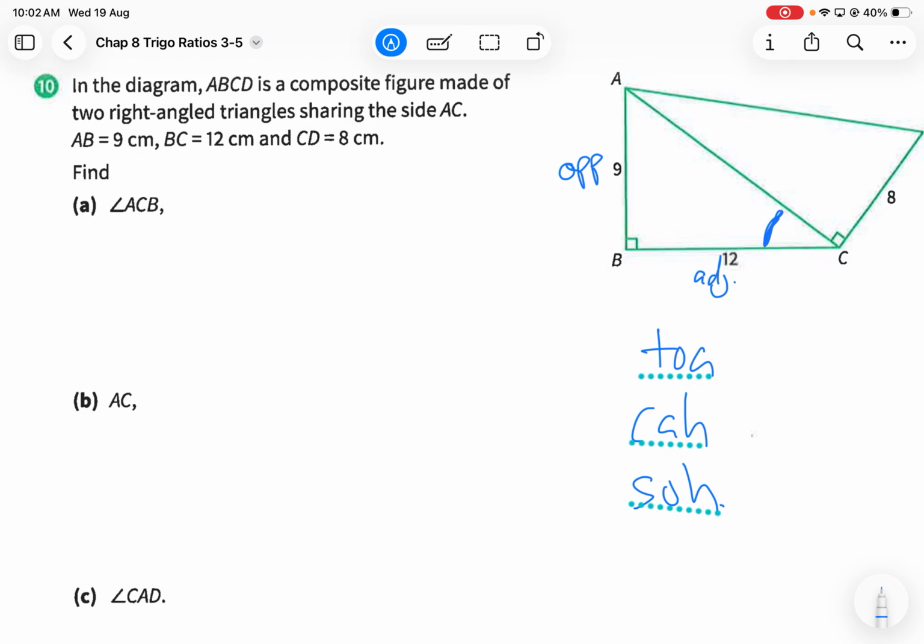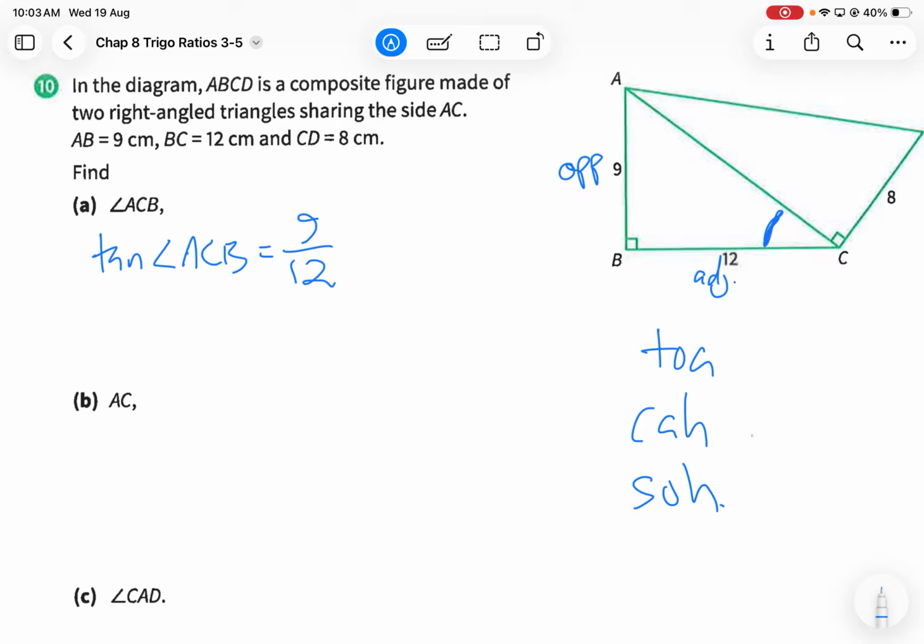Opposite, adjacent, OA, linked by T. So I can write down tangent of this angle is equal to opposite over adjacent. TOA. Tangent is opposite over adjacent. 9 over 12. Once I am able to write down this equation, I can find the angle.